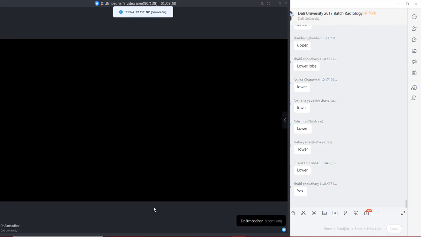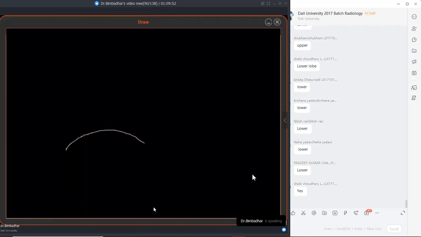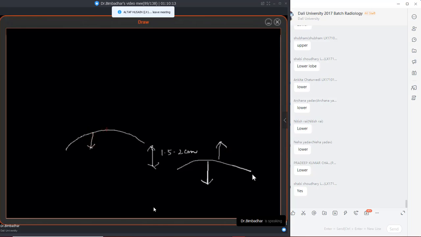Okay, this is the right hemidiaphragm and this is the left hemidiaphragm. So what is the distance between them? It is almost 1.5 to 2 centimeters. Okay, either this hemidiaphragm can be pulled down or can be pulled up. This can also be pulled down or can also be pulled up.